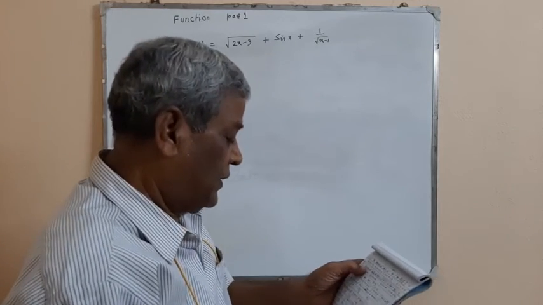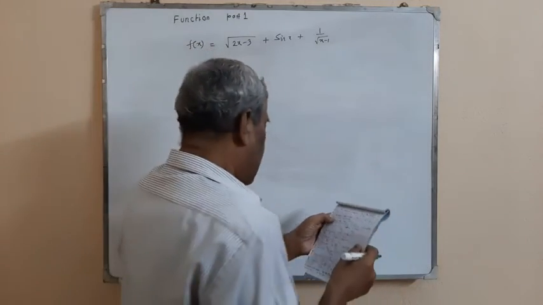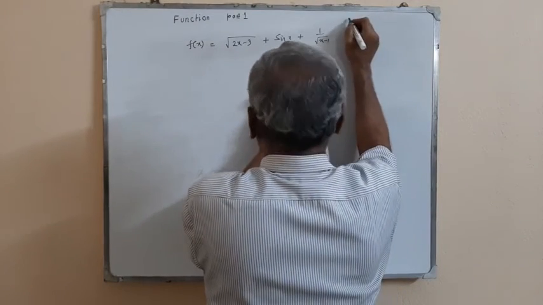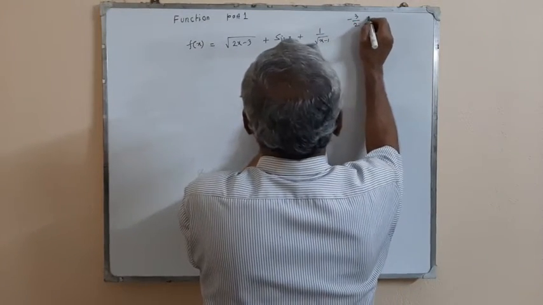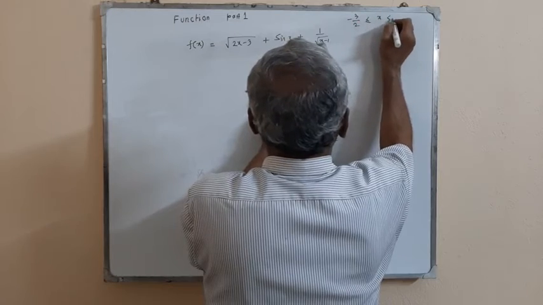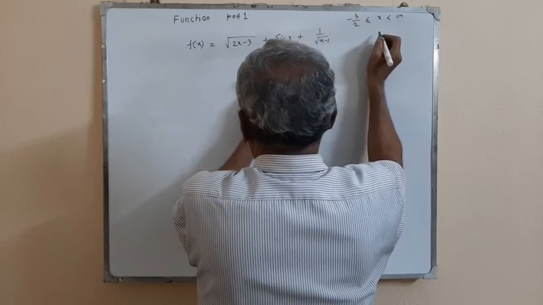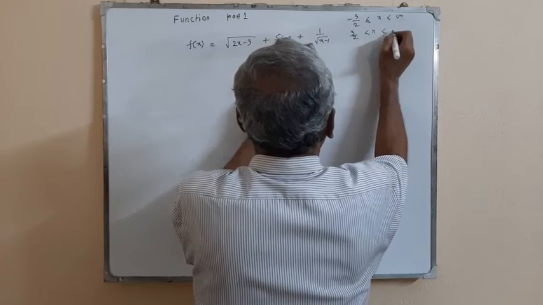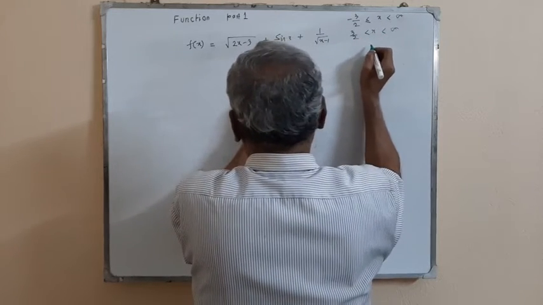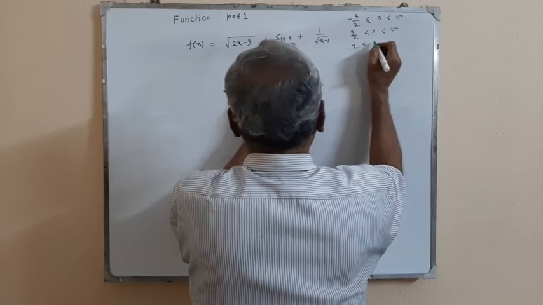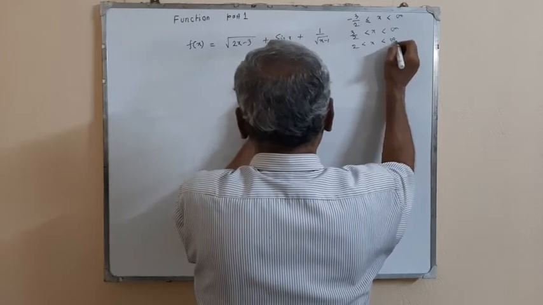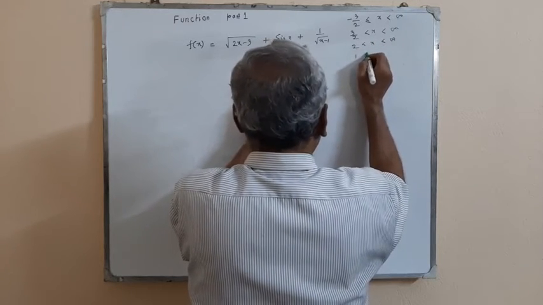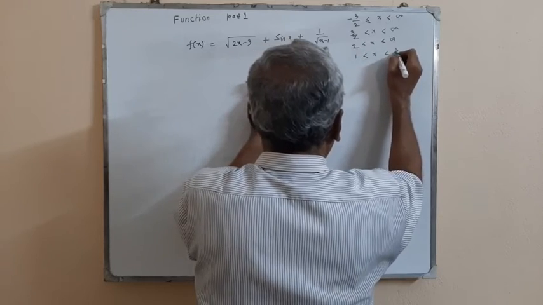We have to find the domain of definition, and the options are: minus 3 by 2 less than or equal to x less than infinity; 3 by 2 less than x less than infinity; 2 is less than x less than infinity; 1 is less than x less than 3 by 2.